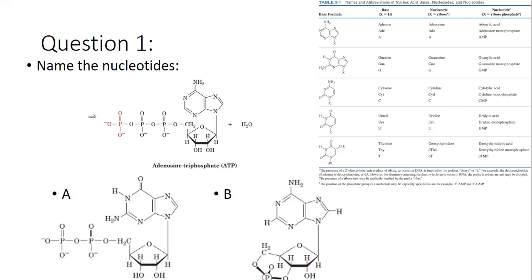I have the chart over here for you. I'm going to give you a minute to do that, and then I will call on 2 people to tell me what their answer was. So take a minute and see if you can figure this out.